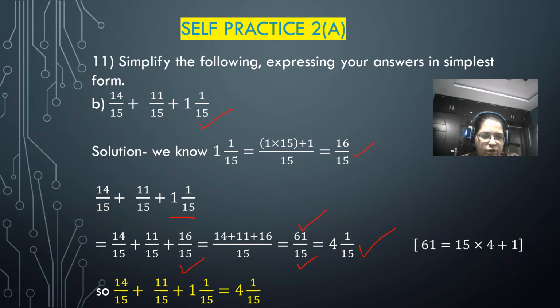So we get 61/15 = 4 1/15. And 4 1/15 is the simplest form, that is the mixed fraction of this fraction.